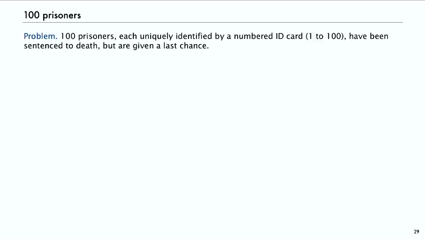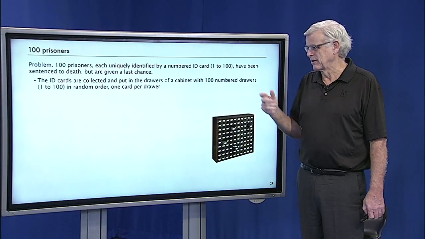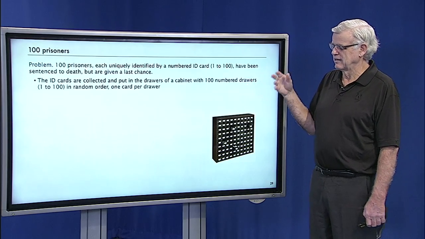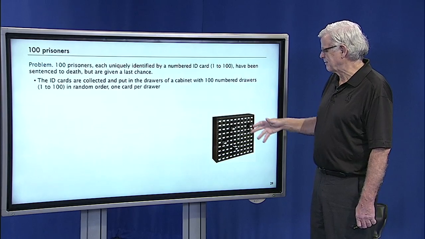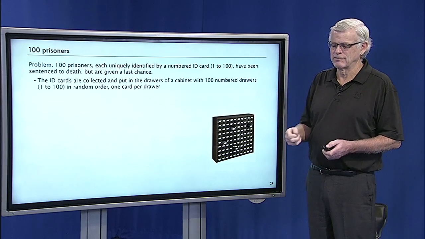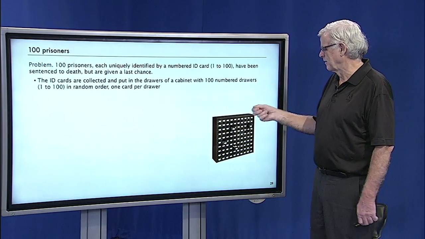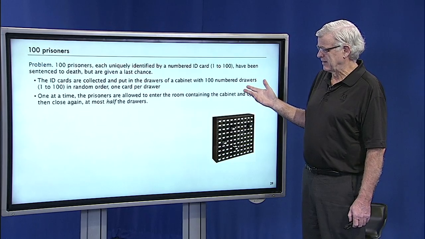They've been sentenced to death because they're on the wrong side of a civil war or whatever, but they're given a last chance. The ID cards are all collected in a cabinet that has 100 numbered drawers. Cards are collected and shuffled, put in random order, and then put in the drawers, one card per drawer. So now that's the setup.